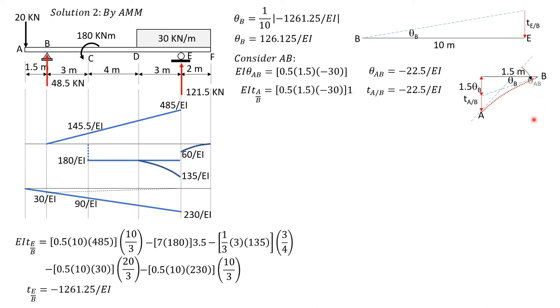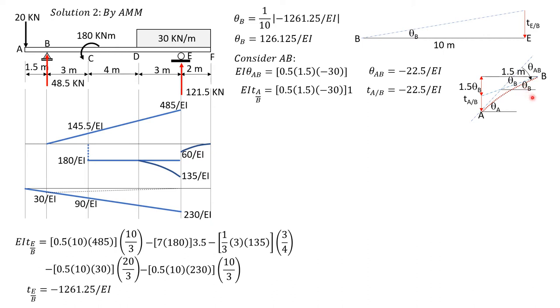So this is theta AB, which is negative because it is clockwise. And if you draw a horizontal line from A, then to the tangent at A, this is theta A. Then from the intersection of the two tangents, we draw a horizontal line. So take note that the tangent at B and the horizontal line make theta B. Also this is theta B.